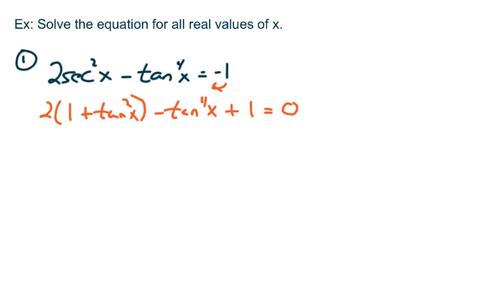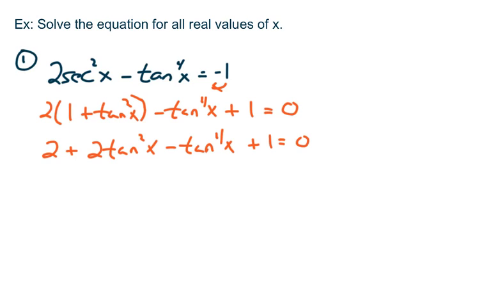Because if we're going to factor, this thing needs to be equal to 0. Okay, so let's distribute this. 2 plus 2 tangent squared of x minus tangent to the fourth of x plus 1 equals 0.